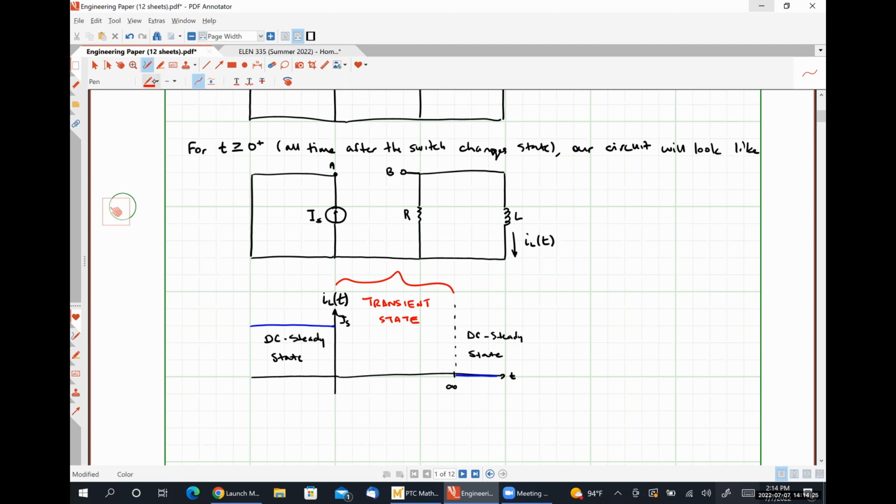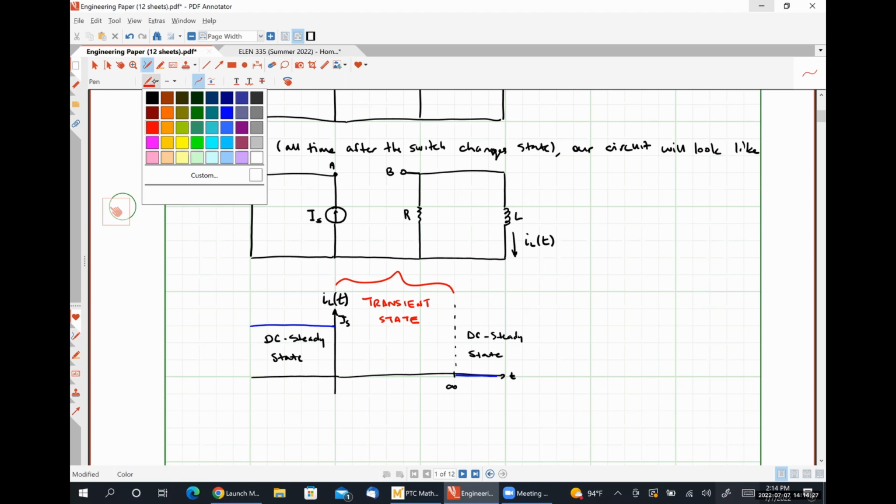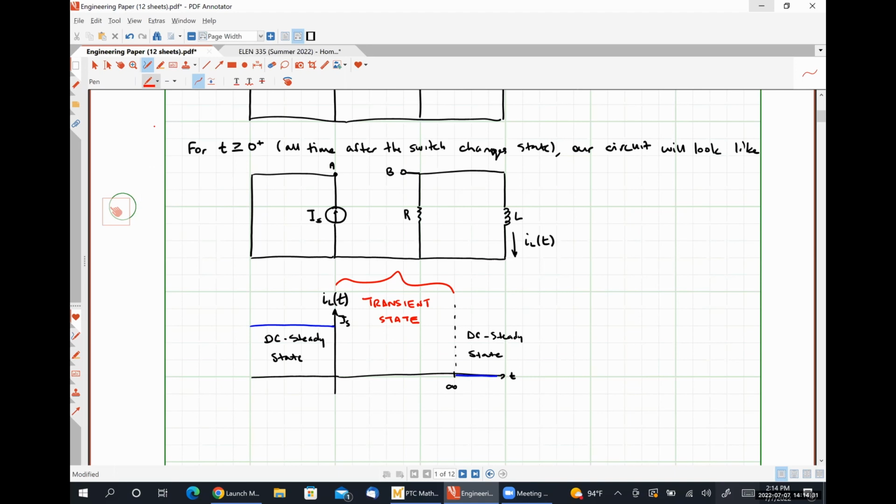Okay, so we're trying to figure out how the inductor current is behaving. What I'm going to do is introduce a couple of voltage drops here. So let's call this VL of t, and I'm going to call this voltage drop VR of t.